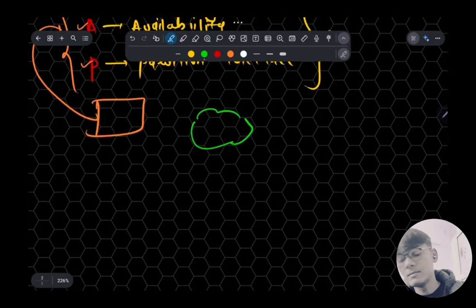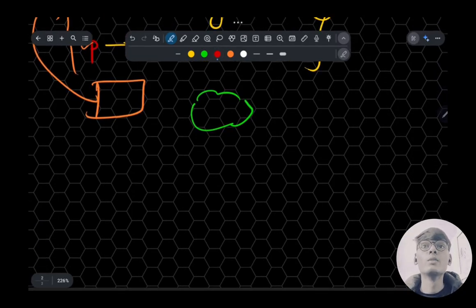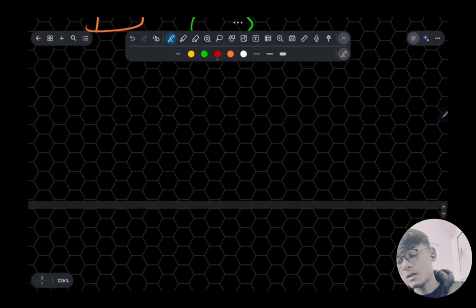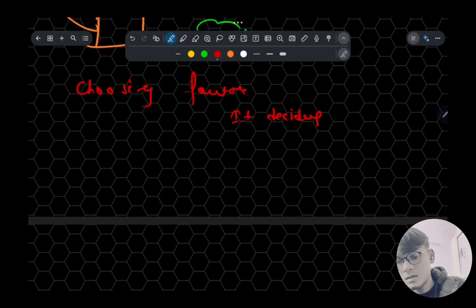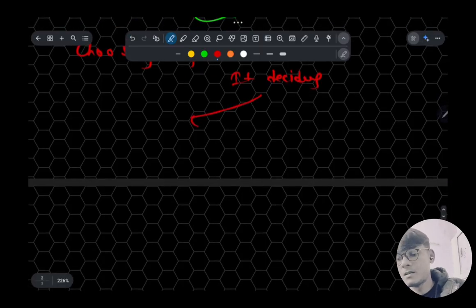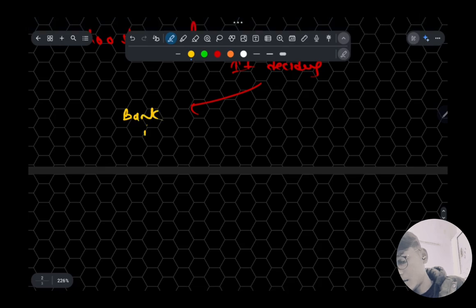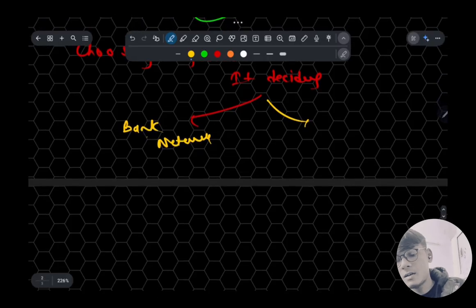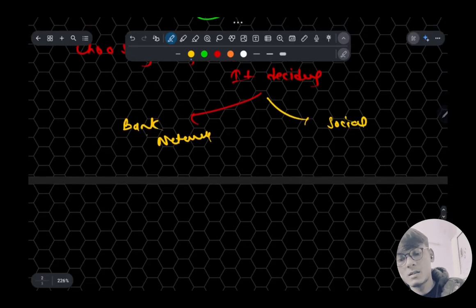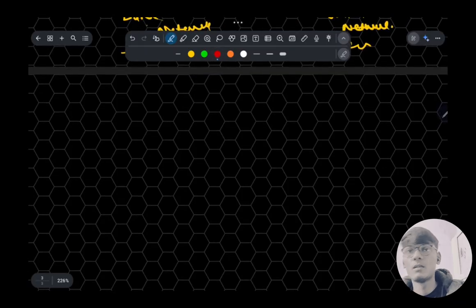You have to choose, and your choice decides whether you are building a bank or a social network, like Instagram, or a bank like State Bank of India, Axis Bank, HDFC Bank, and so on.